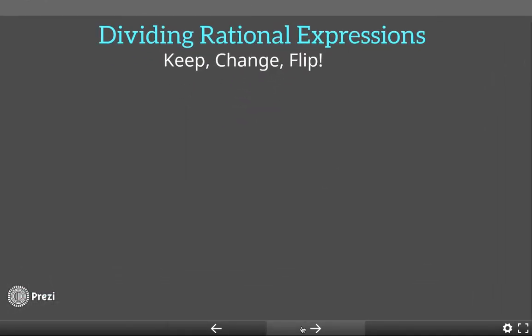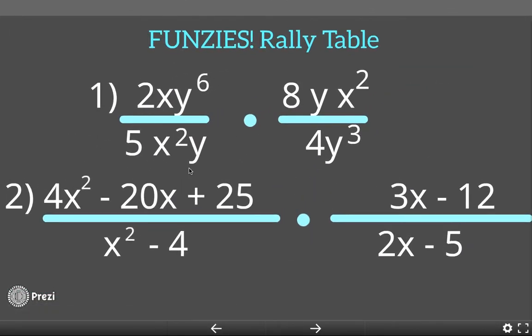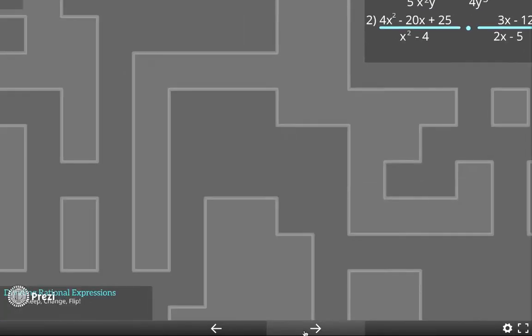Alright guys, dividing rational expressions. When you divide two fractions, we're going to be rewriting it as a multiplication problem, which will then make it just like the problems we did. If we can get it to a multiplication problem, we've got it from there, because we are pros by now at multiplying two fractions.